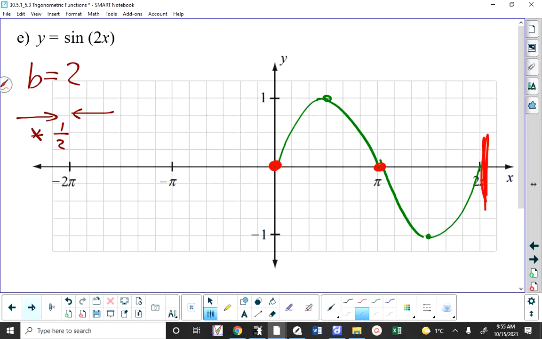And visually, that means I'm going to take this, and I'm going to split it into 4 equal chunks. Splitting it into 2 is easy. Now I've got to deal with splitting these 3 pieces, 1, 2, 3, in half, and that's right here and here.